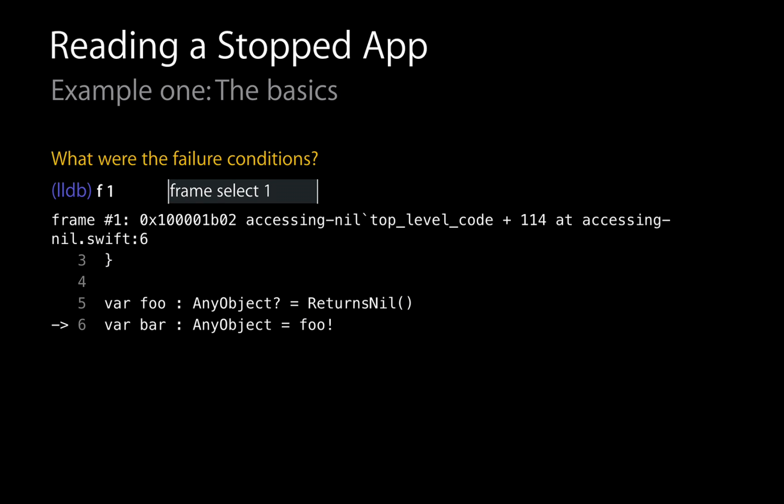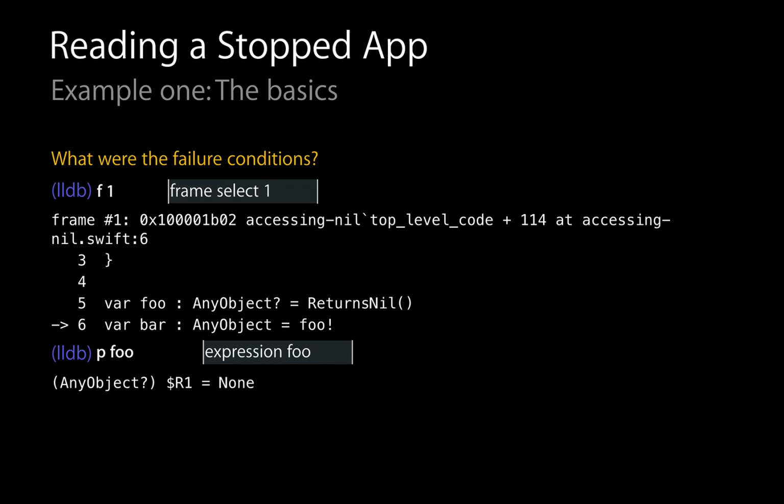Here we see that we've got an optional any object that we got from a source that looks a little shady, and then we unwrap that optional without checking. Well, it turns out if you print the value of that optional, you see that optional is none. Well, that's not too difficult to fix. You instead try if let, and that will make the unwrapping code conditional on there actually being something in there.